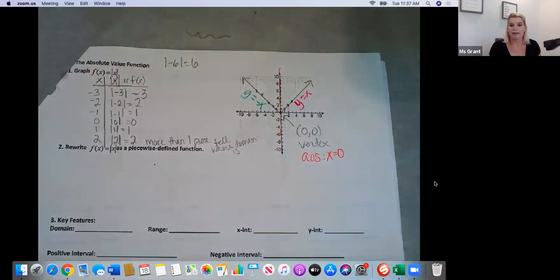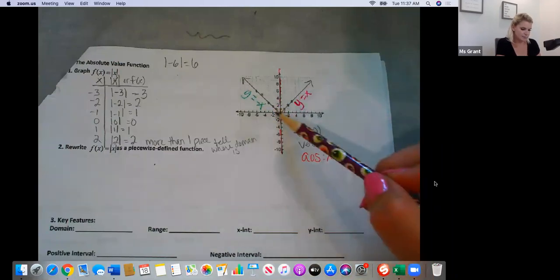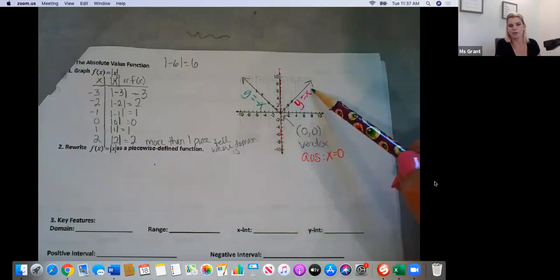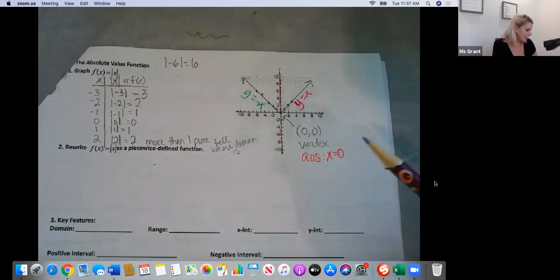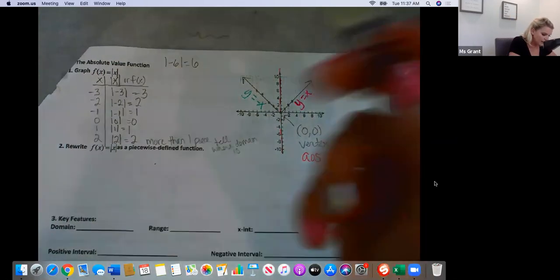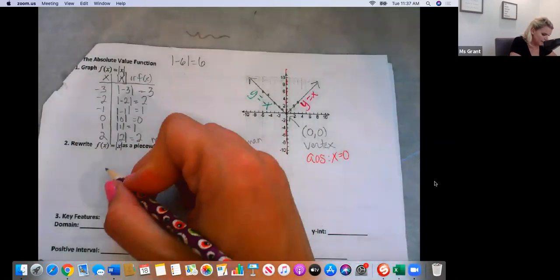I have 2 lines, 2 pieces to this absolute value graph. The first piece is this green. Second piece is pink. So I'm going to explain where the line is for both pieces.